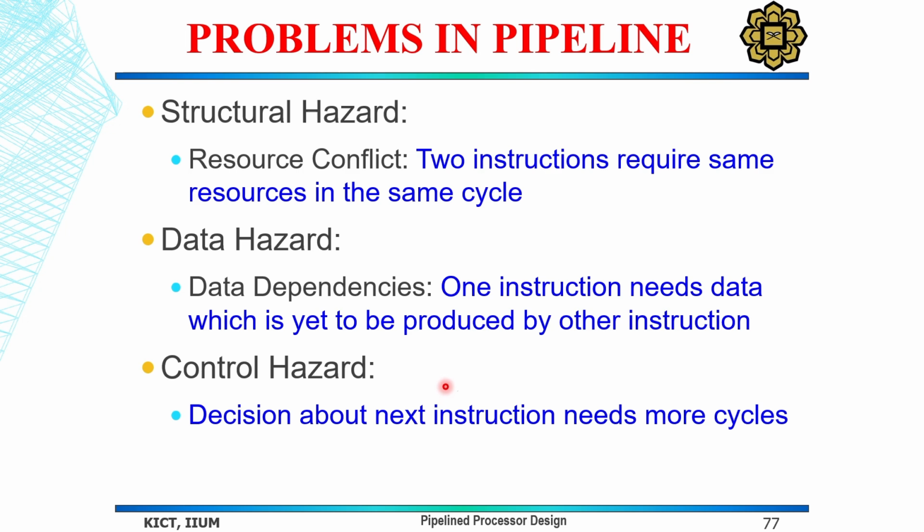Data hazards are actually data dependencies. So one instruction needs data which has not been produced by another instruction. And control hazards mean that decisions about the next instruction need more cycles. Okay, so let's see what this all means.